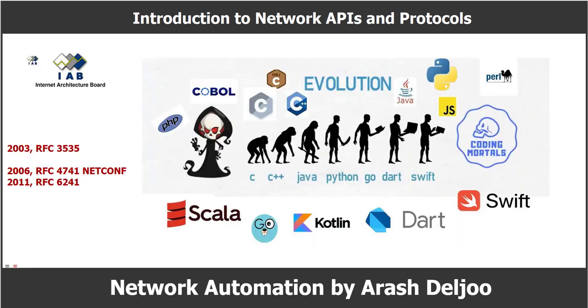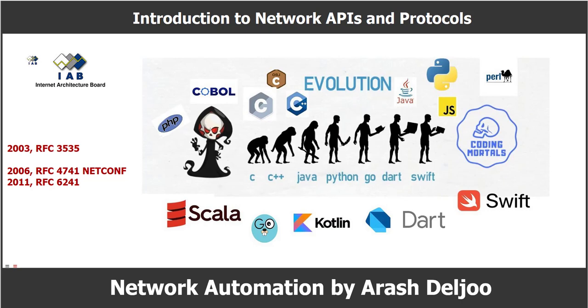About the evolution of programmability, back in 2003, RFC 3535 was published to provide an overview of a workshop held by the Internet Architecture Board, or IAB, on network management. The goal was to continue the dialogue started between network operators and protocol developers.